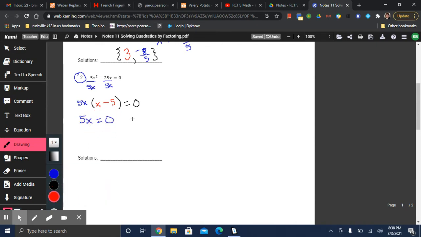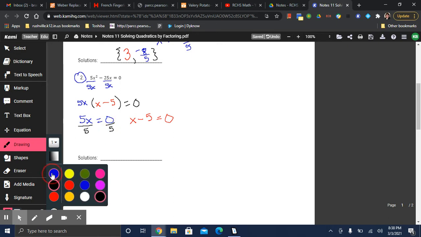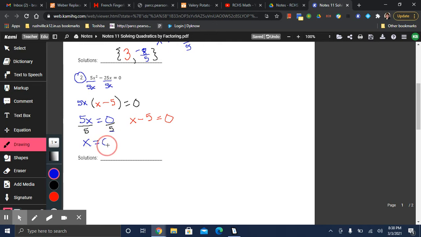And then I also want to do x minus 5 and set that equal to 0. Solving 5x equals 0, I can divide both sides by 5, and that will give me x equals, and 0 divided by anything is 0. So one of my solutions is x equals 0.